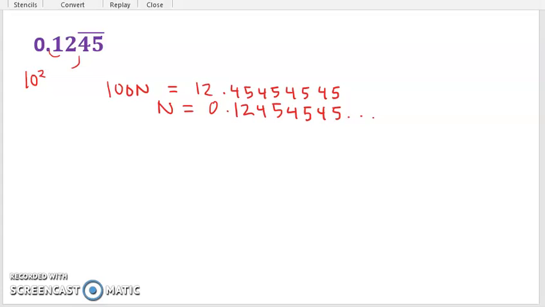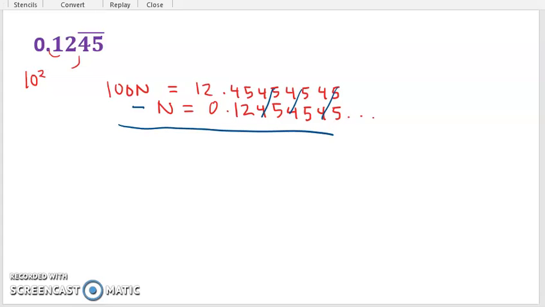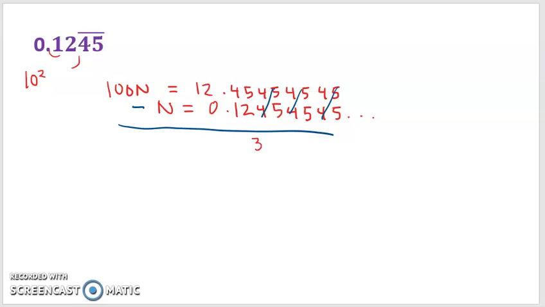And we get all this great cancellation, but it's slightly different in this case. So what you have is some cancellation here, the 4, 5, 4, 5, 4, 5, but that's the extent of the cancellation. When I subtract, what I'd be left with is 5 minus 2, which is 3, 4 minus 1, which is also 3.